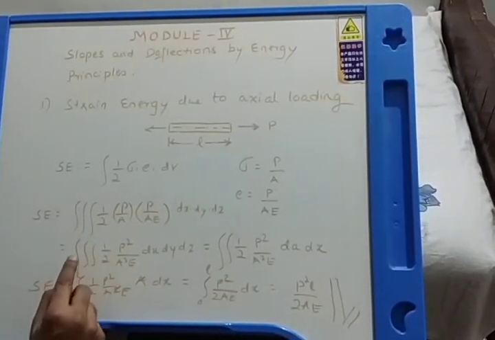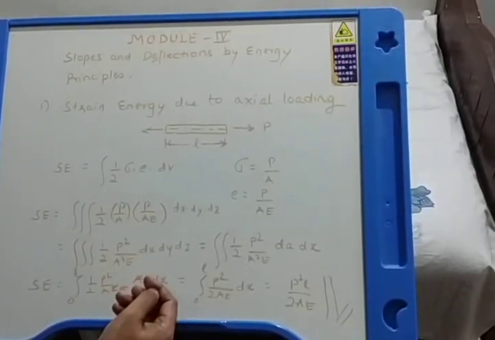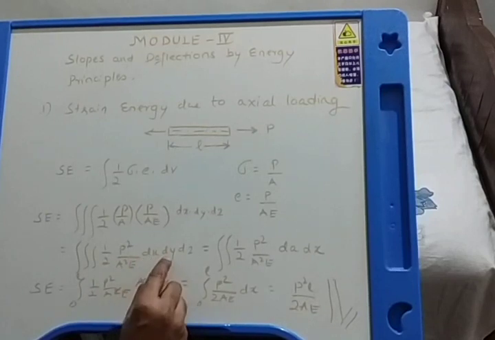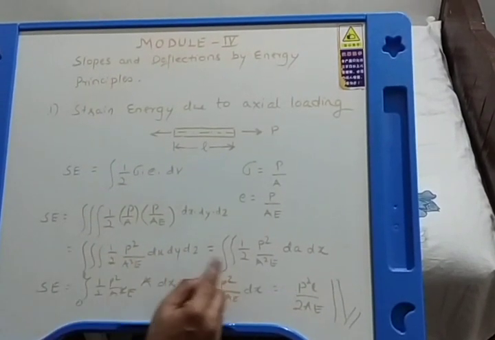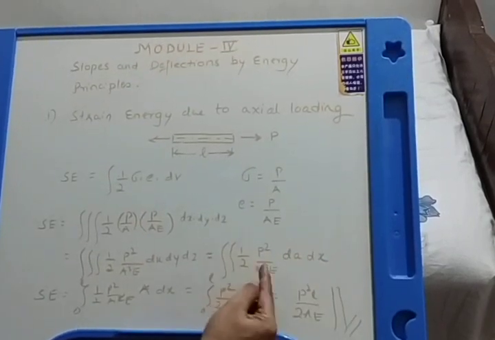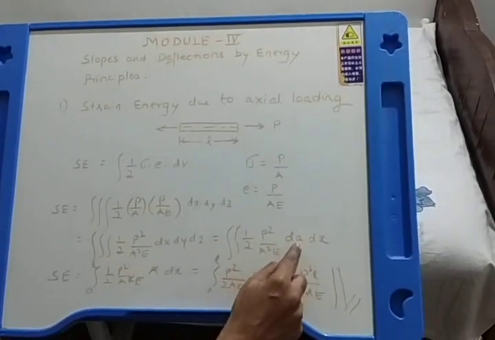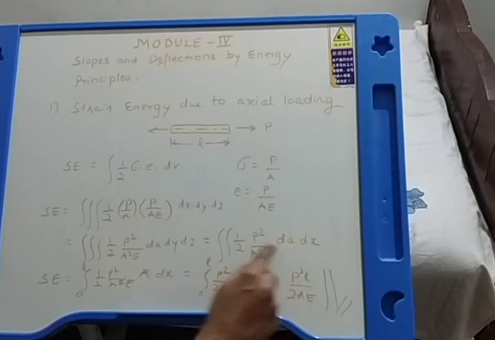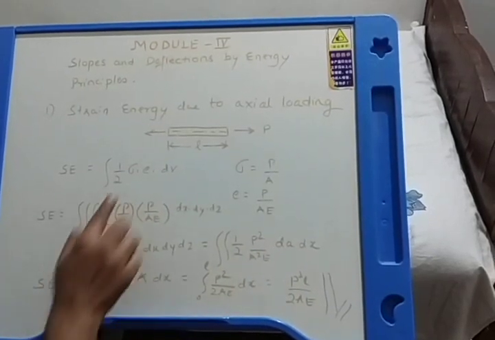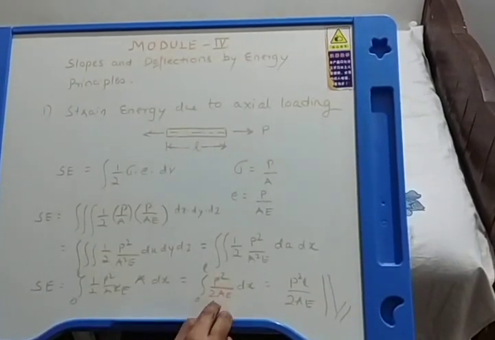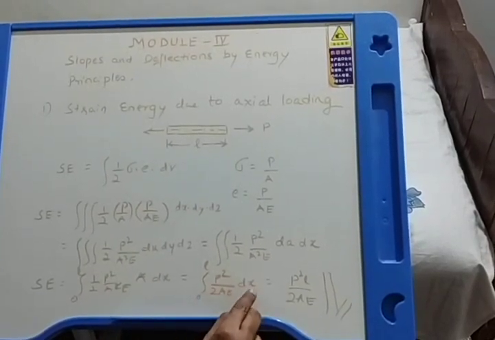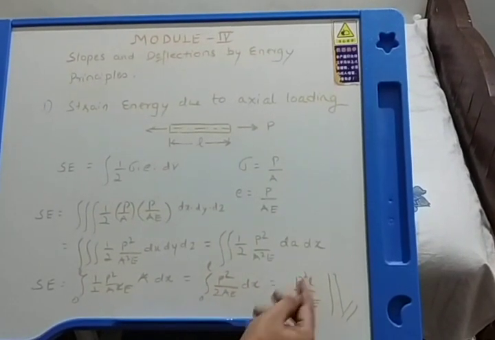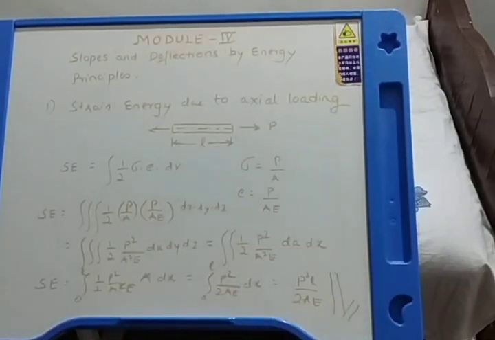And I have removed the integration signs one by one, because integration dy dz, the one integration will go, it becomes dA, so two integrations will remain, and then one more integration will go, because integration dA becomes a getting cancelled here. If the length of the member is L, substitute, then it becomes only integration 0 to L p square upon 2ae dx. Integration of dx is x, and substitute L, you are going to get an expression like this.